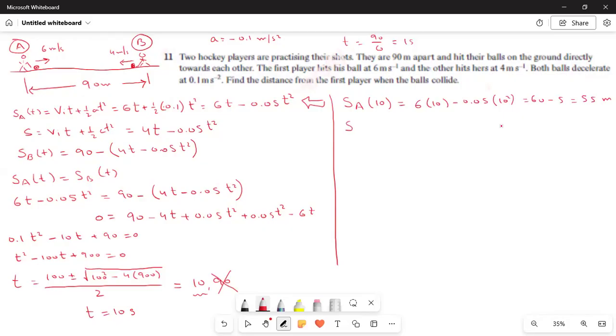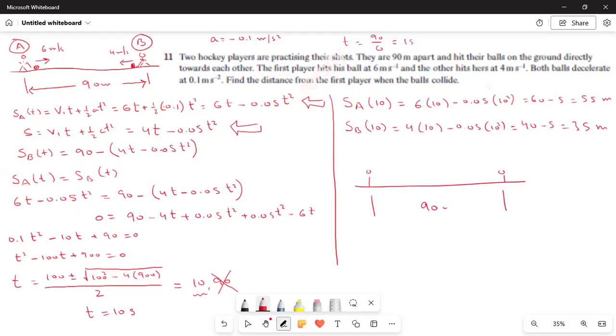Let's calculate the distance of B as well. I will use this expression because this gives me the distance from point B. So it is 4 into 10 minus 0.05 into 10 squared, so 40 minus 5, which is 35 meters from B.